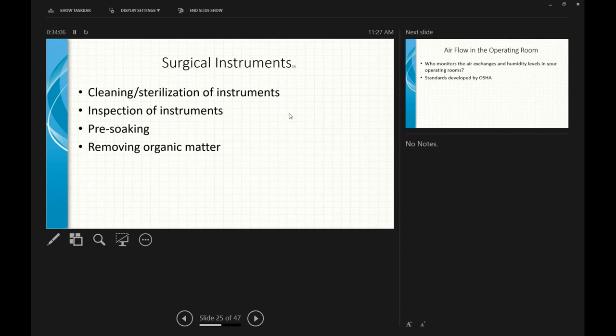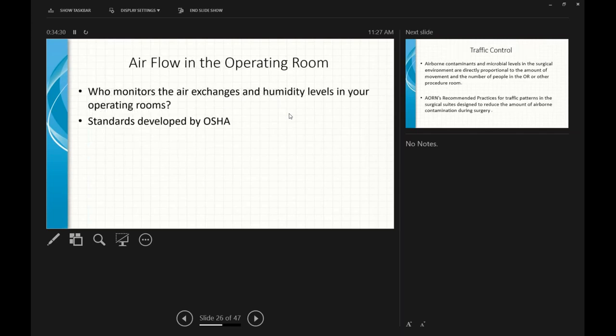This is becoming another topic of interest, and there is a lot more being done by Amy to instruct and certify people that are working in the instrument department. And who inspects those instruments? Are they pre-soaked? Has the organic matter been removed before it's dried on, which really increases the bioburden?